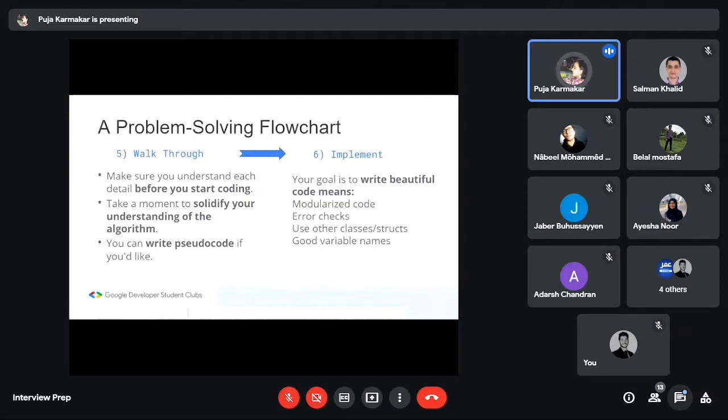modularized code. You should check for errors. You should see the classes and the structures, and you should also use good variable names that are understood by everyone in general. If you see something you can refactor later on, explain this to your interviewer and decide whether or not it's worth the time to do so. Usually it is, but not always.